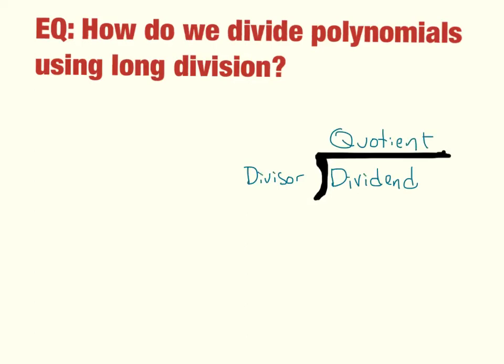The way that our answer will look, the answer will just be the quotient plus the remainder over the divisor.